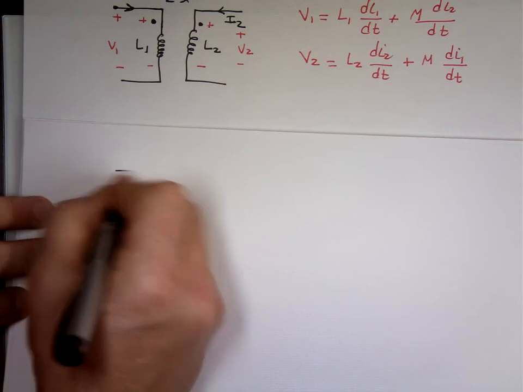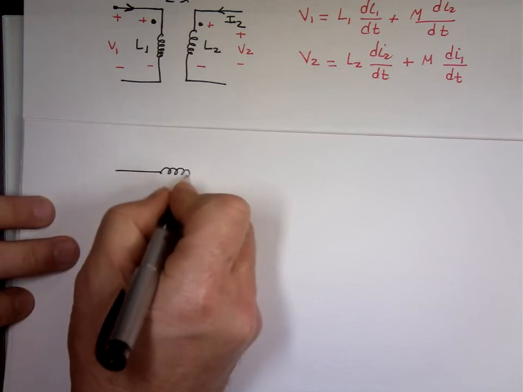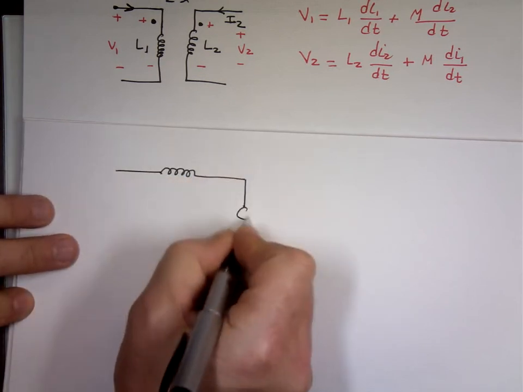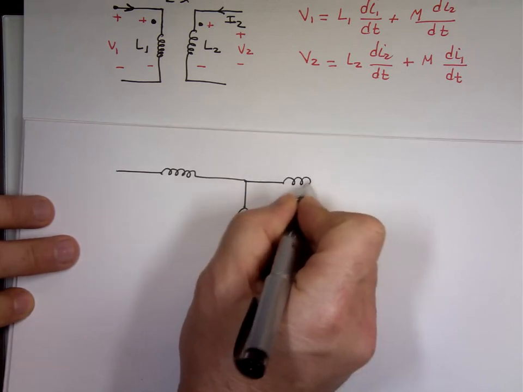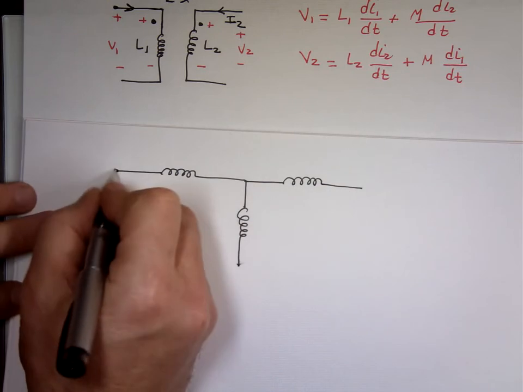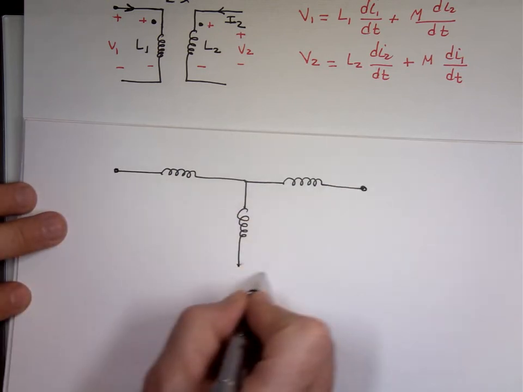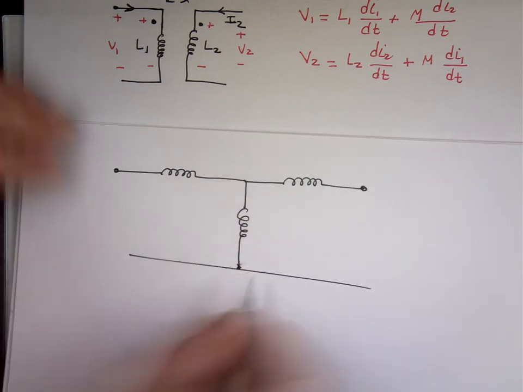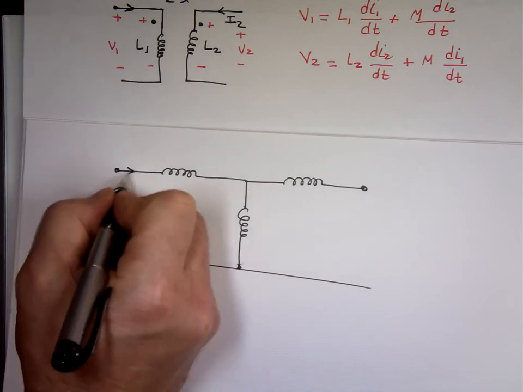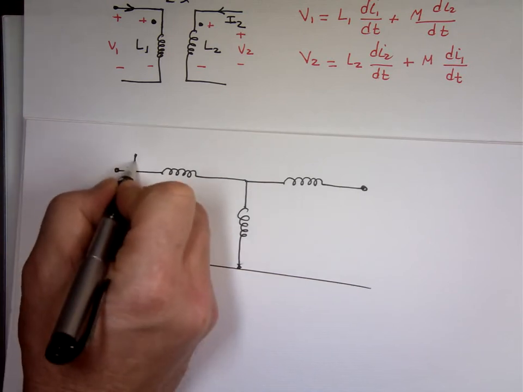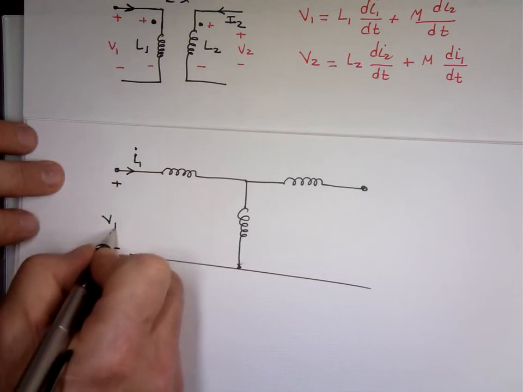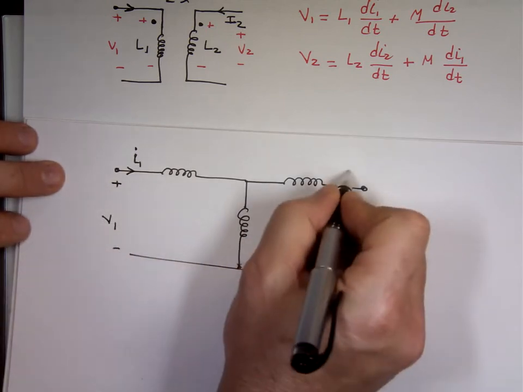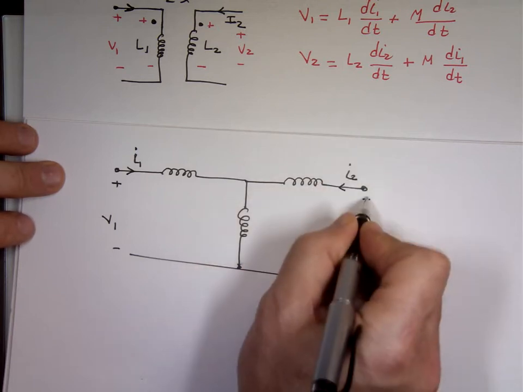Now let's say we have this circuit. And again, let me define the current. I sub 1 is going this way. And V1 is right here. I sub 2 is going this way. And V2 is right here.